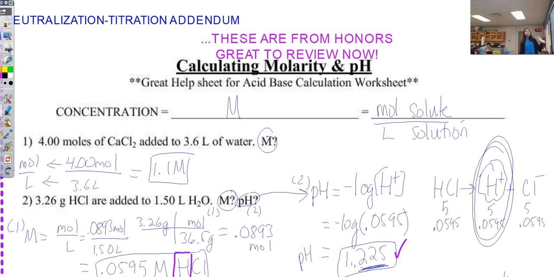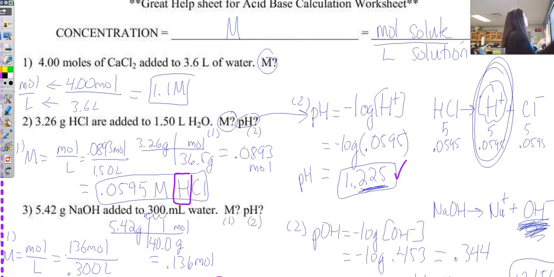Okay, so then we got into how do you calculate molarity versus how do you calculate pH? Pretty easy. We already know molarity. It's moles over liters. Don't forget, is it just liters of solvent or is it total liters? Total liters. It's going to be liters of your entire solution. So if you want to know the molarity, switch your grams to moles and then divide by your liters.